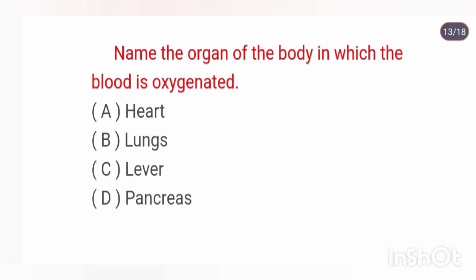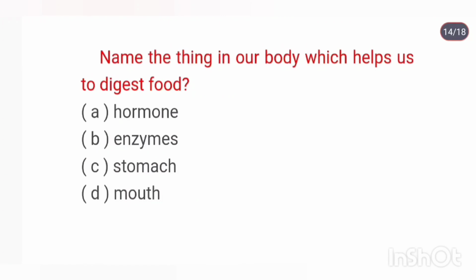Name the organ of the body in which the blood is oxygenated. Lungs. Name the thing in our body which helps us to digest food. Enzymes. An enzyme is a type of protein found within a cell.